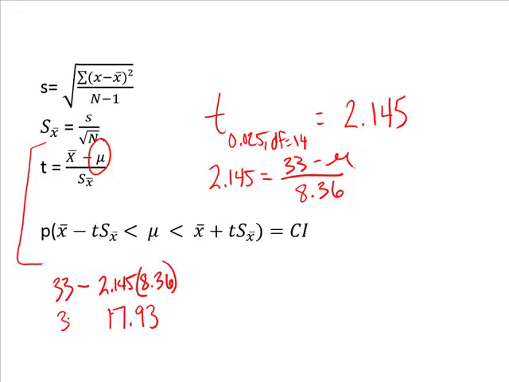Okay, so 33 minus 17.93 equals 15.07. What does that mean? Well, sorry, it's at the bottom of the screen. 15.07.